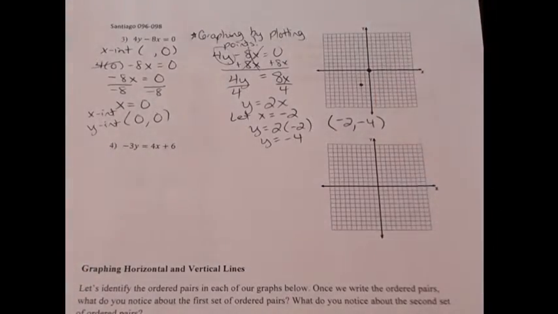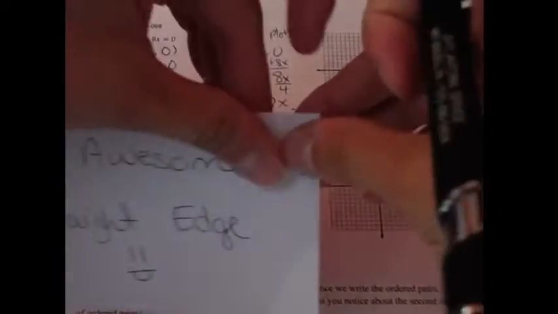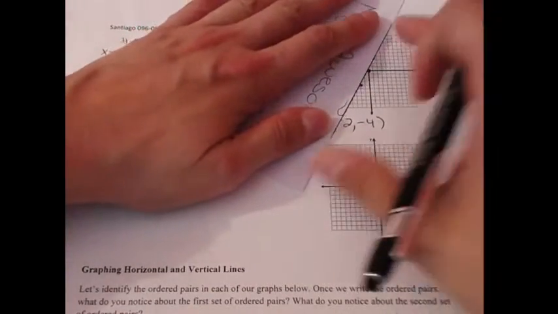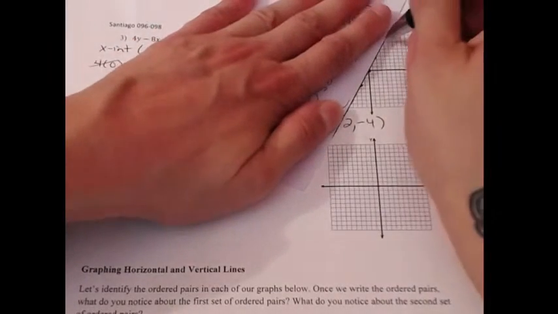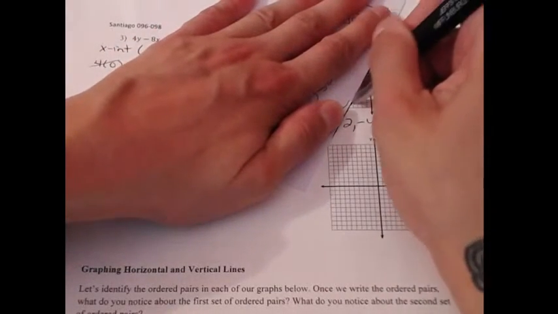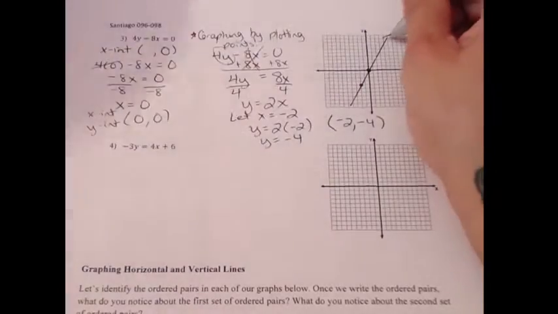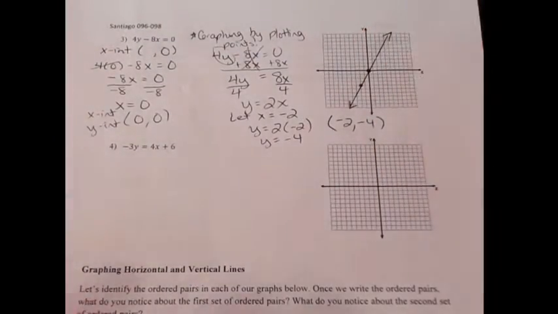Take your handy dandy straight edge, and we're going to connect the 2 dots carefully. I like making sure that these lines are super straight because that helps us to identify additional points in case we wanted to.